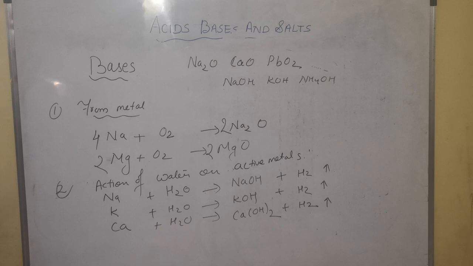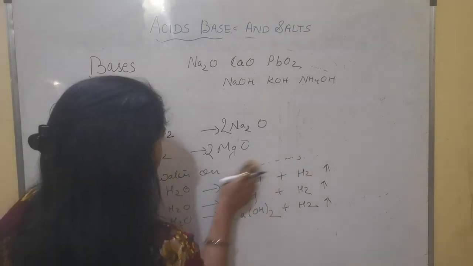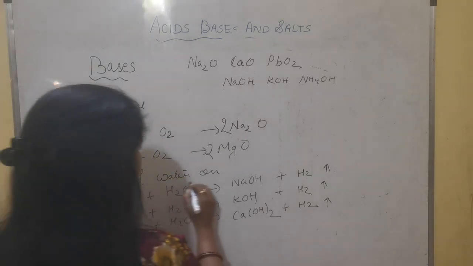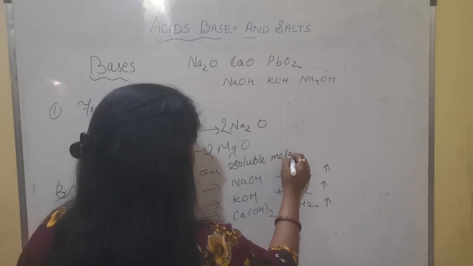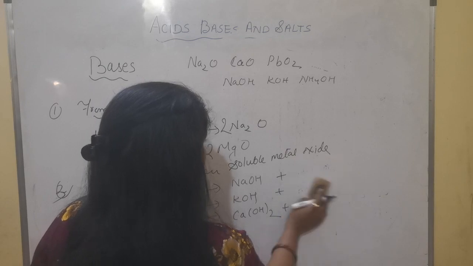Now next is the action of water on soluble metal oxide. This is the third method of preparation. What are soluble metal oxides?